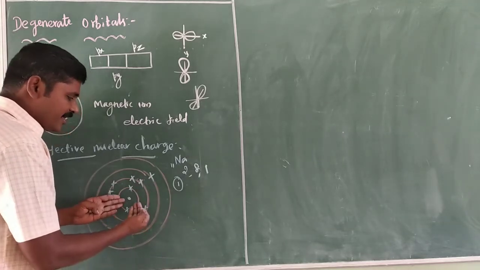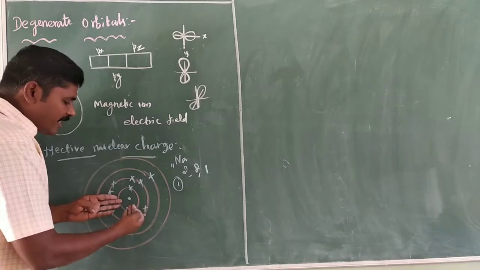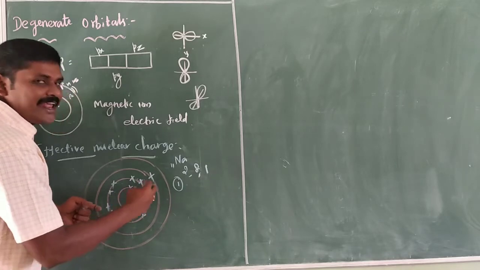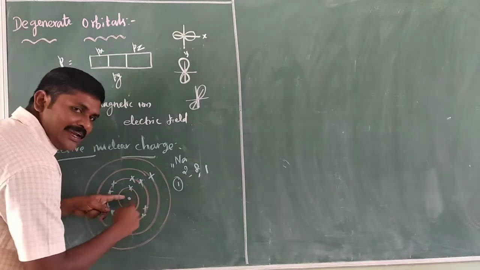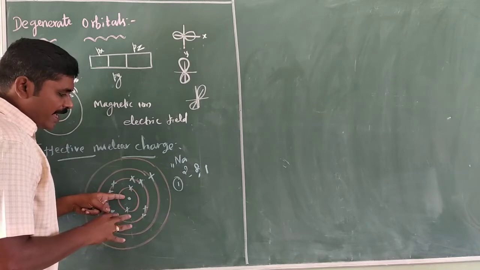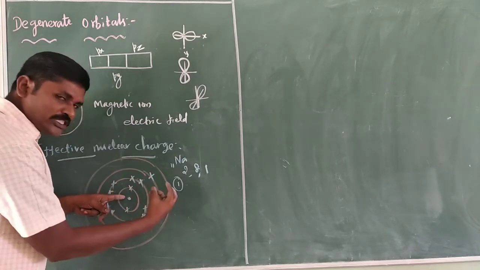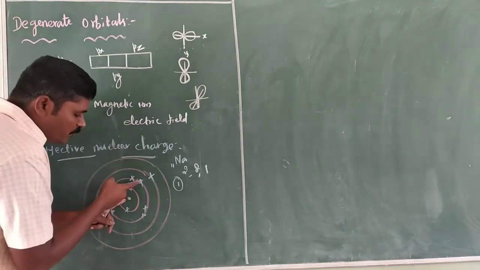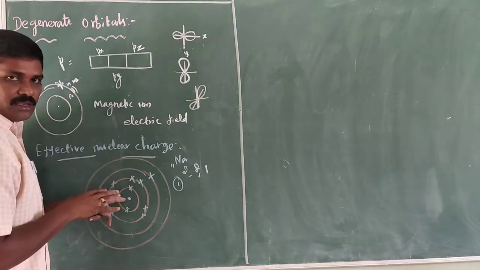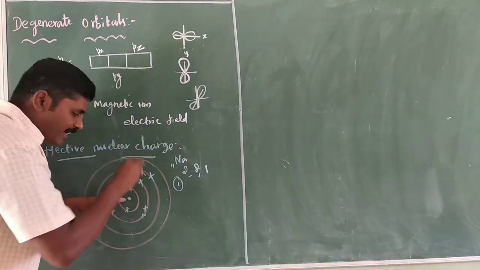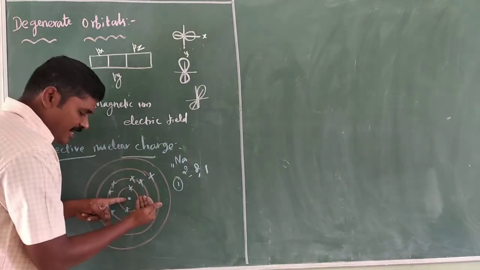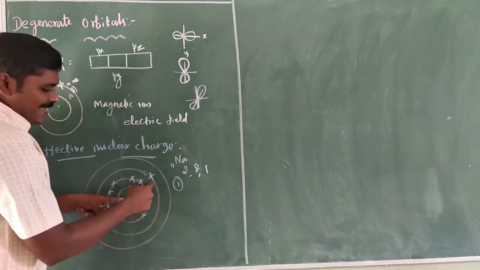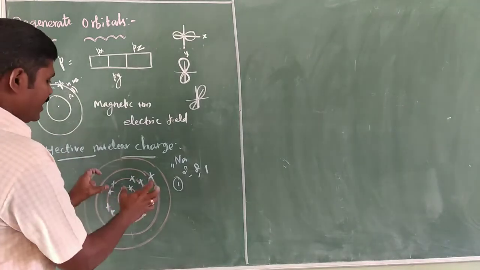Thus this results in a decrease in the nuclear force on the electron. The two forces are the electrostatic force between nucleus and electron, and the repulsive force among the electrons, operating in opposite directions. This decreases the nuclear force on the electron.